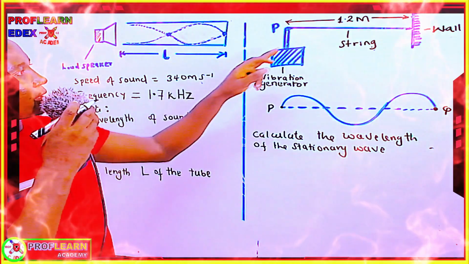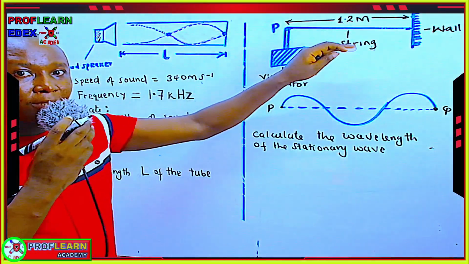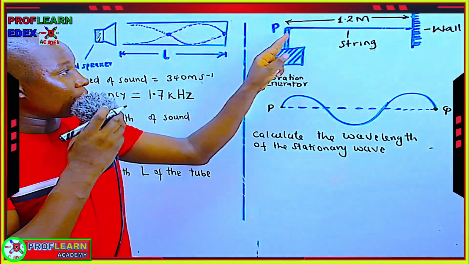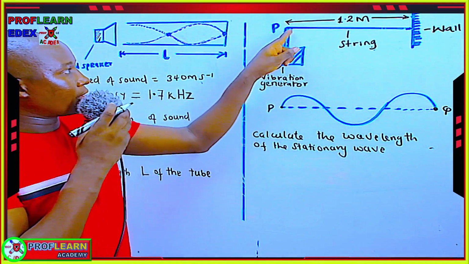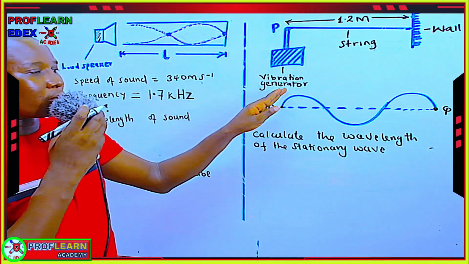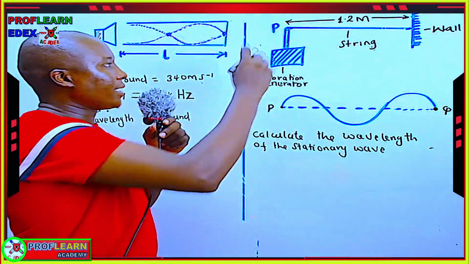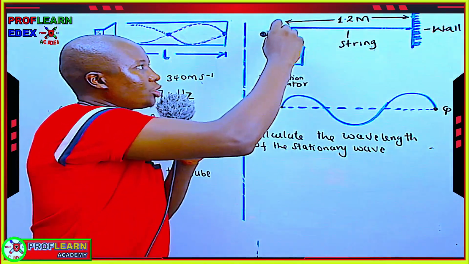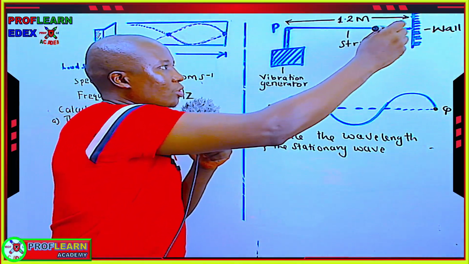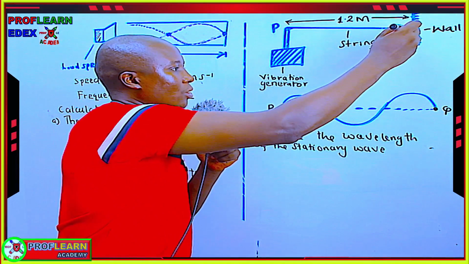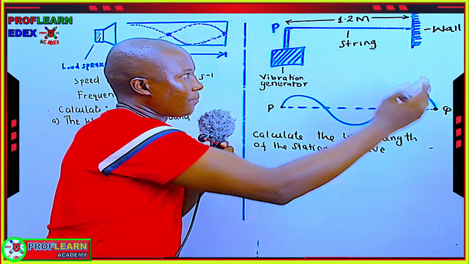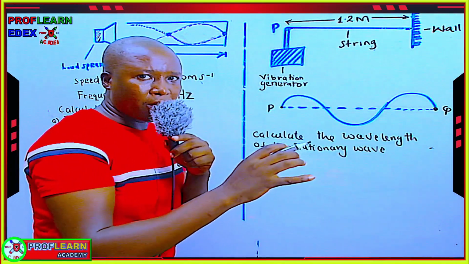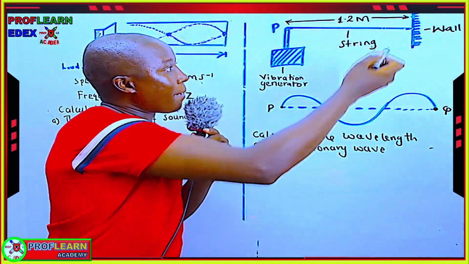We are told that there is a string of 1.2 meters which is attached to the wall and fixed on the vibration generator. So when this generator provides the vibrations, they will travel through the string to the wall. Upon reaching the wall, the progressive wave is reflected back.